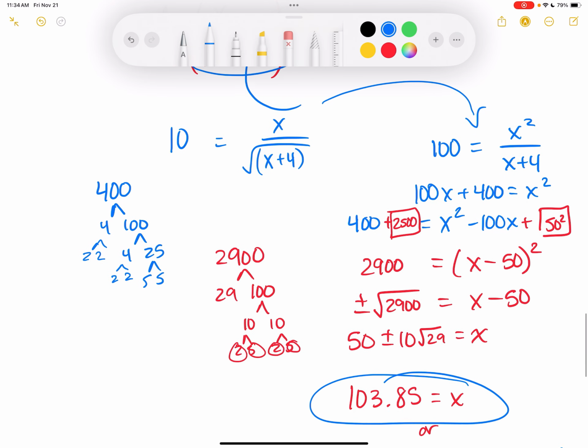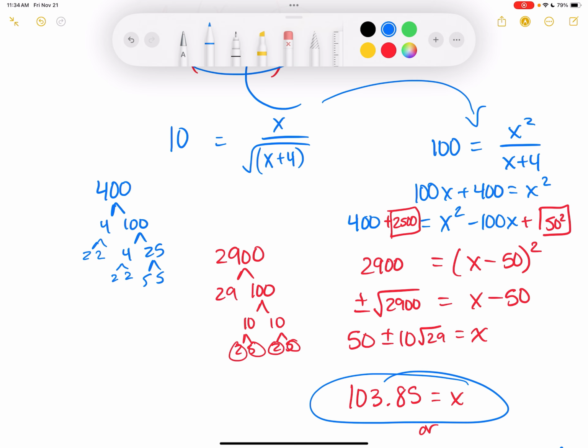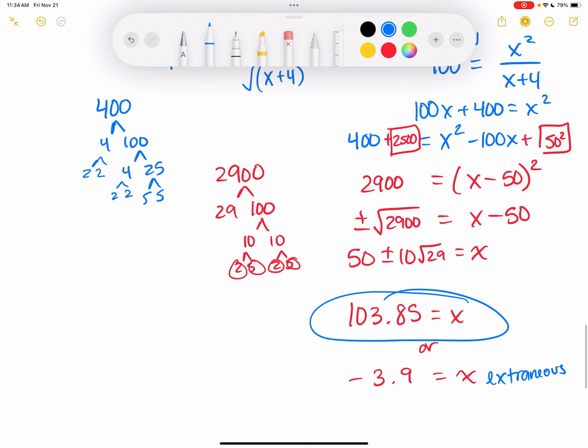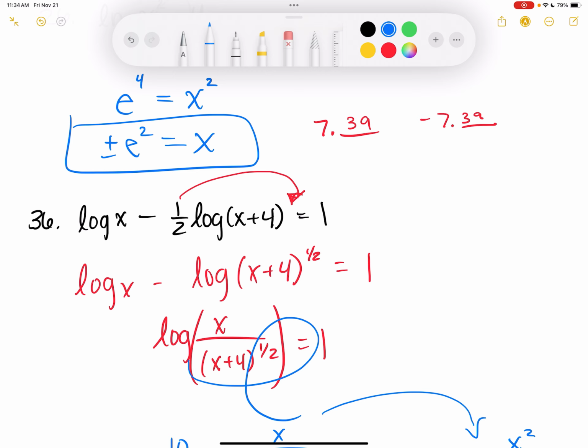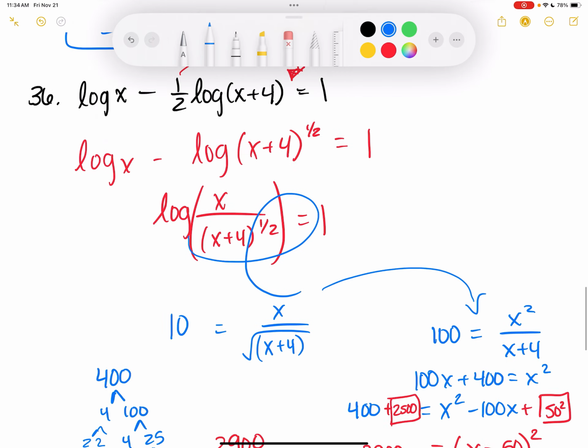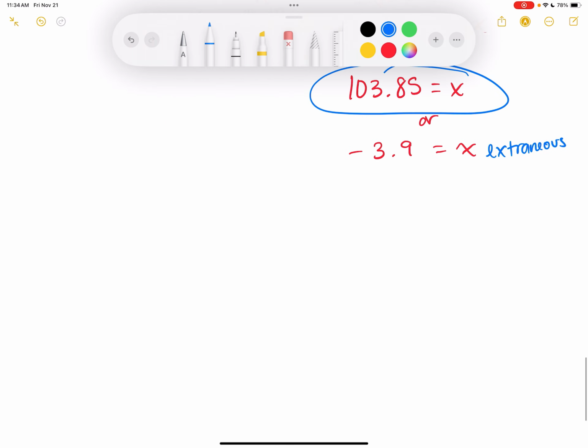It's extraneous because it's negative, not because the number is negative, well, kind of is, but because when I plug it in, it's negative in here. But that's what I was saying with this one, if I plugged in the negative 3 point whatever, it would still be positive in here. So it's not just that the number is negative, it's when I plug it in, I would have a negative in a log, which is a problem. I'm really hoping we don't have that. You probably will.